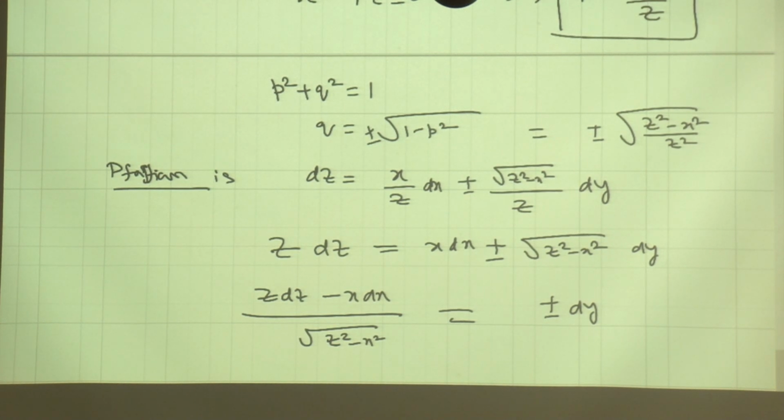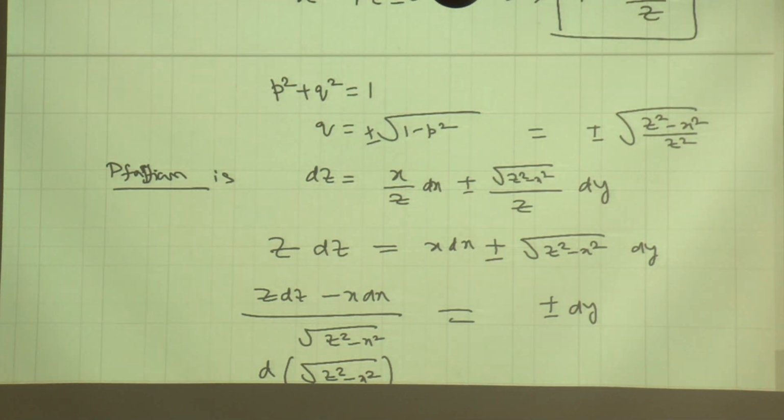So, in fact, it is the differential of this one, square root of z square minus x square. 1 by 2 root z square minus x square and 2 goes there.